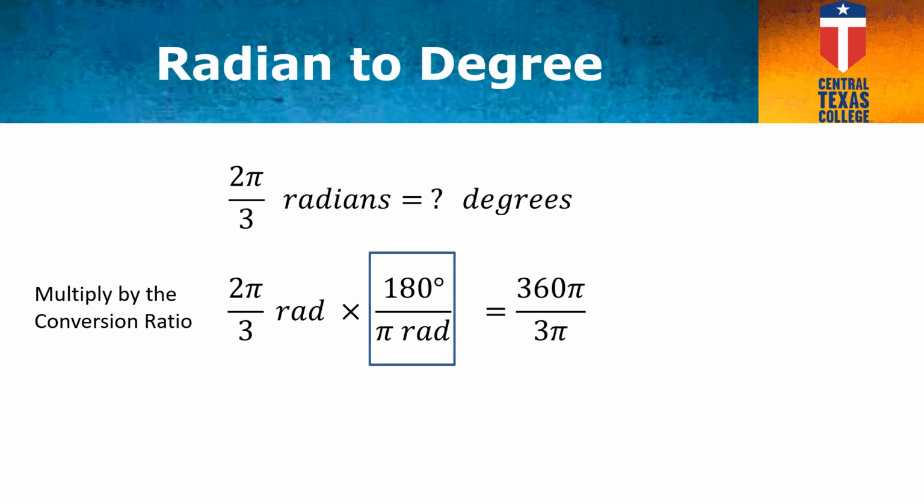Multiplying across gets us 360 pi on top and 3 pi on the bottom. Reducing this fraction gets us 120 degrees. So 2 pi thirds radians is equal to 120 degrees. Notice again that since we started with radians, we had to multiply by the conversion ratio that has radians on the bottom.